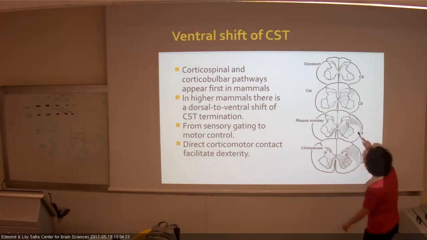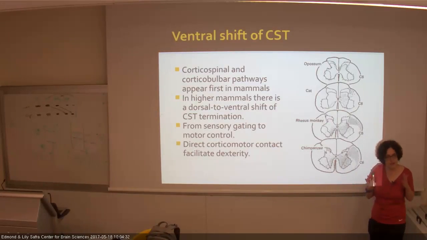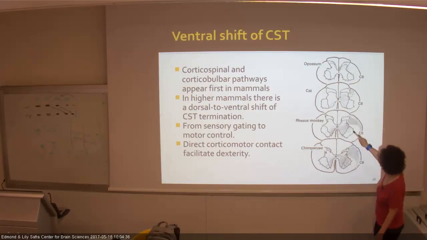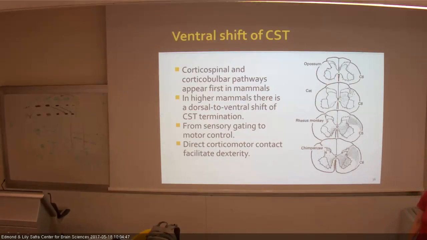However, if you look at the rhesus monkey, first of all, the size of the pyramidal tract increased, but also the termination pattern shifted ventrally from the dorsal side to more intermediate, and some termination in the motor neuron pools.